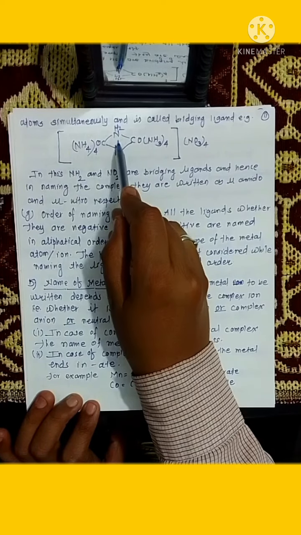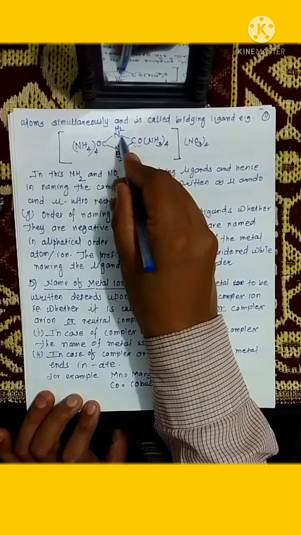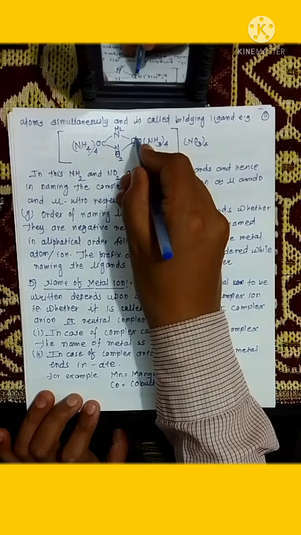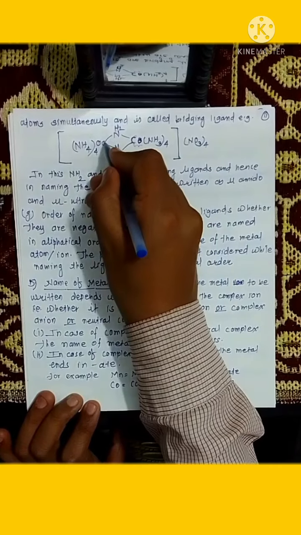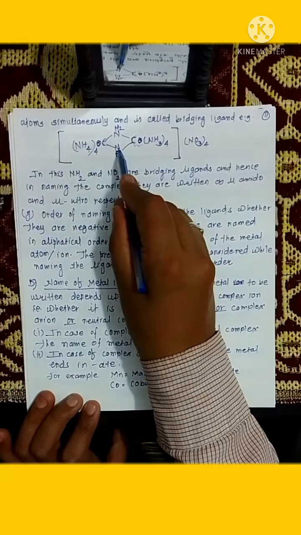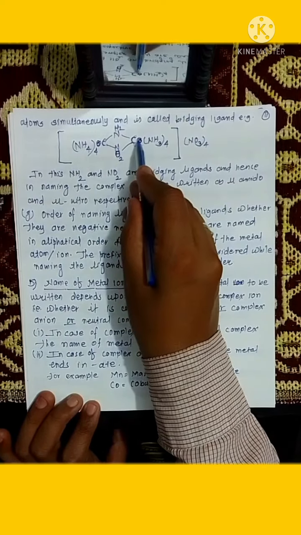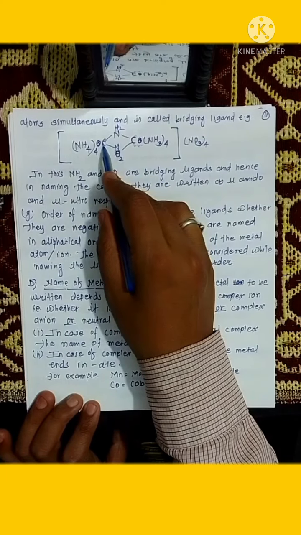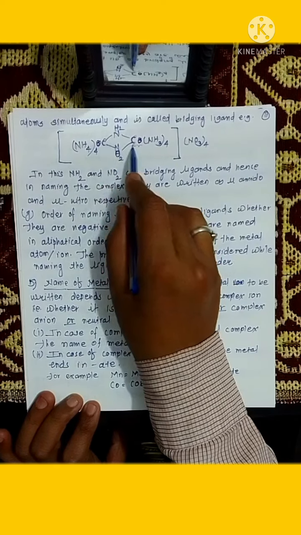These both ligands are joined to two metal atoms, that is, to this cobalt as well as this cobalt. It is the central metal atom cobalt, and it is also the central metal atom cobalt. The NO2 is joined to two central metal atoms, and the amine is also joined to two metal atoms.